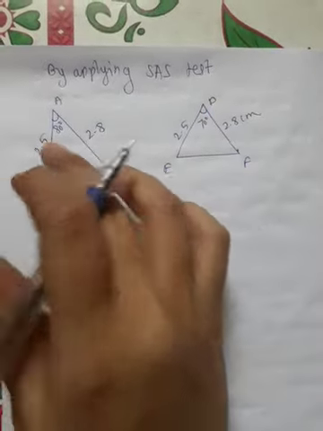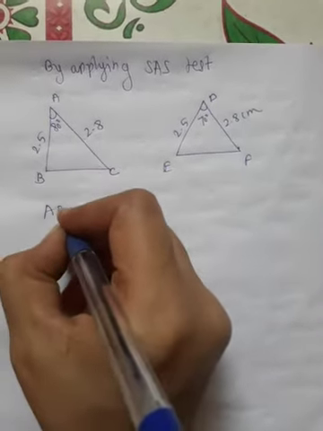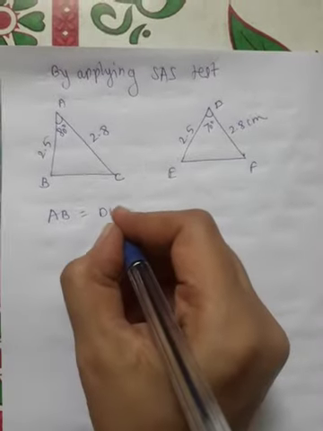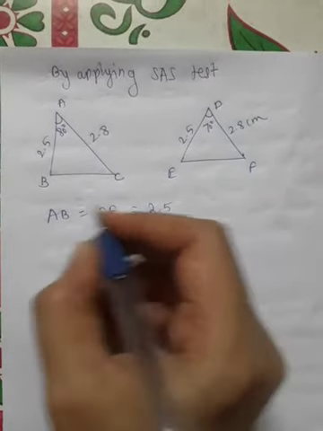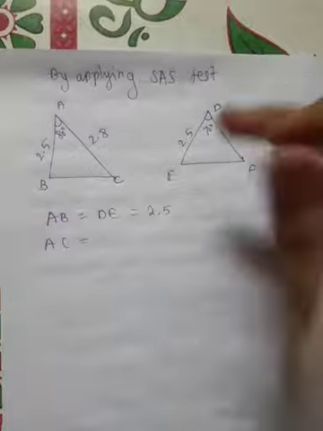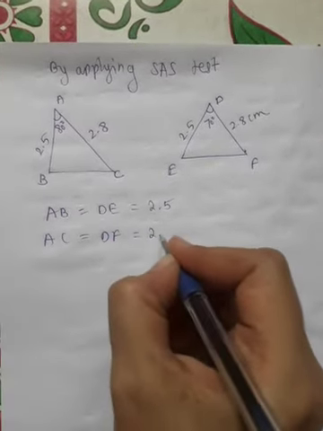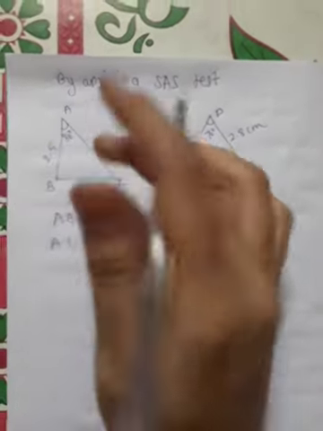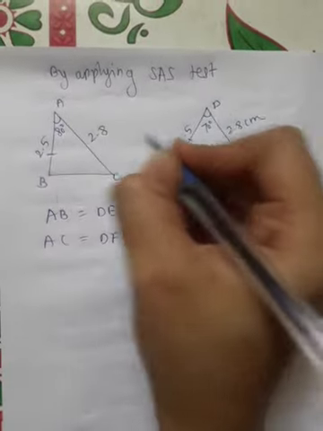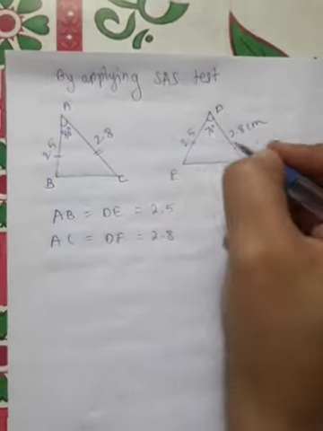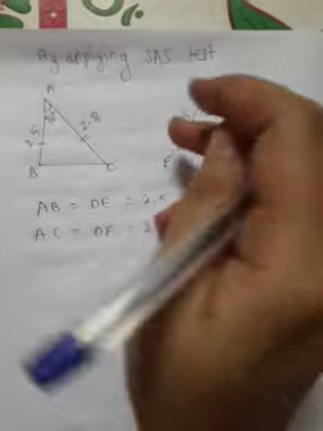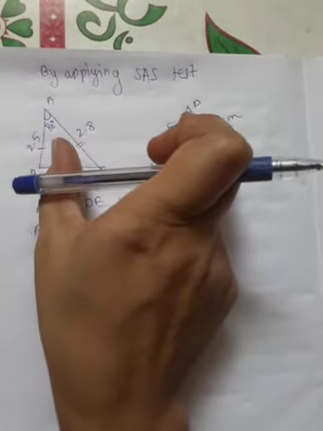Now see, side AB is equal to side DE, and side AC is equal to side DF. Since the sides are equal, observe whether the angles included between them are equal or not.